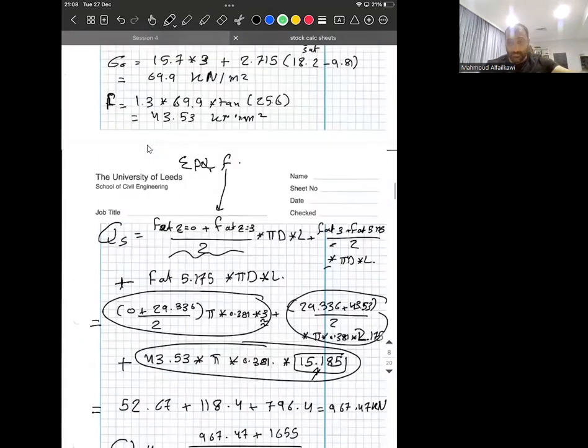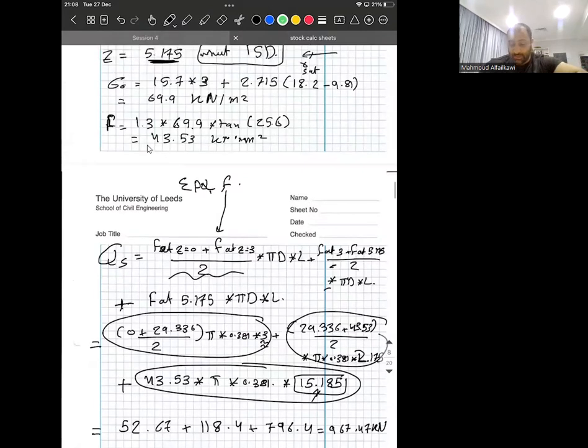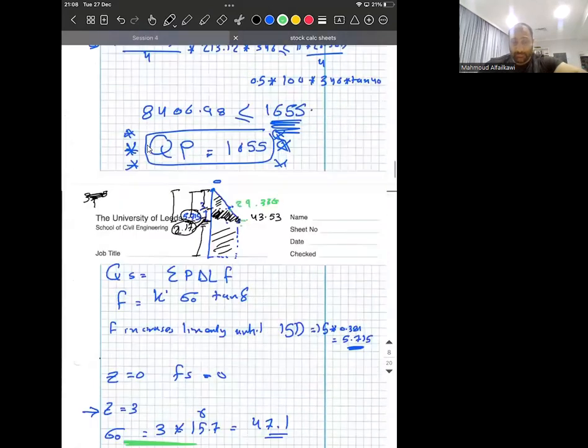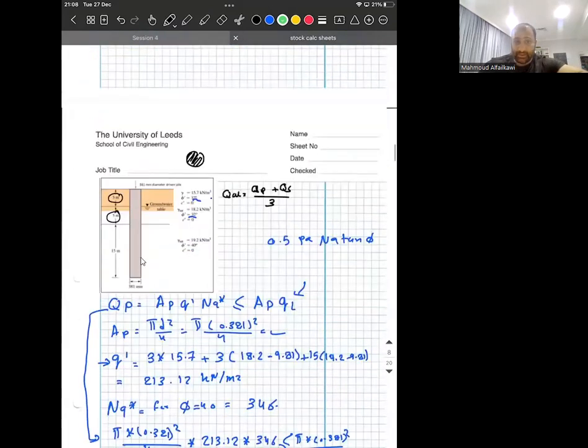Now I have to comment on a couple of things. When we talked about end bearing, it was only concerned with the point load. That's basically where the cursor is. So that's why I was only multiplying by the surface area there. But when I'm calculating skin friction, it's going to be the parameter. If you take a section here, it's going to be something like this.